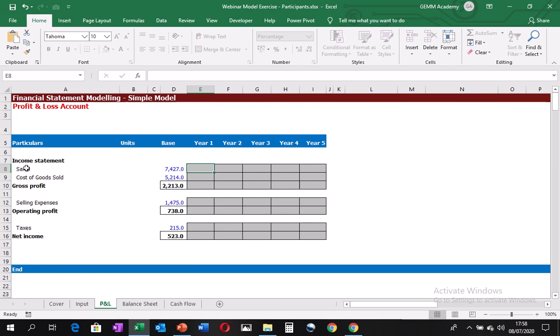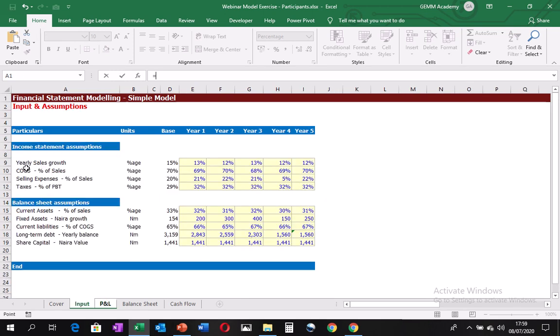Sales for year 1. We need to go check what the assumption is, but first I'm going to put equals to. Then I'm going to move to my input page using control page up and moving to the left. Alright, so I use my cursor to move to sales, yearly sales growth of 13% in year 1.